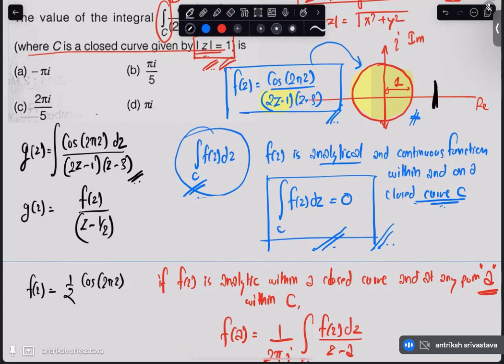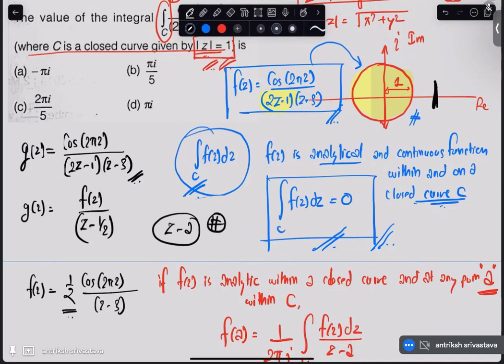So let me remove this integral here and remove the dz from here. Yeah, it will be cos 2 pi z divided by z minus 3. This 2 in the denominator comes because I have taken 2 common from the denominator and taken it out, so that we have a nice expression of z minus a as we have seen in the theorem.